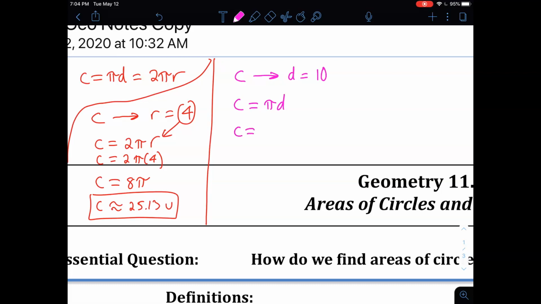So C equals pi times the diameter, which is 10. So C equals 10 pi. And then C is going to be approximately 10 times 3.14, which is 31.42 units.